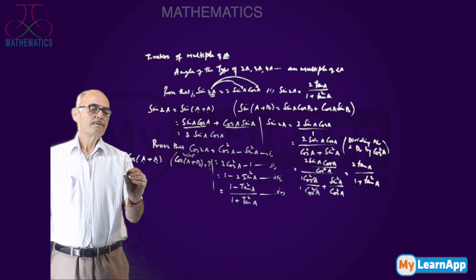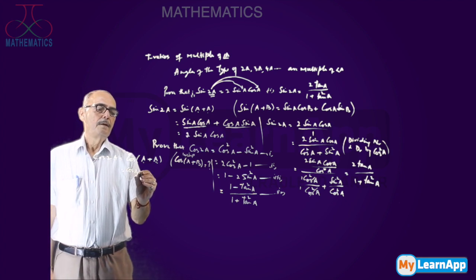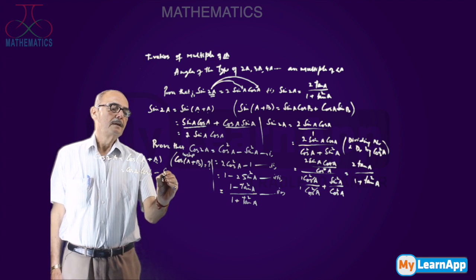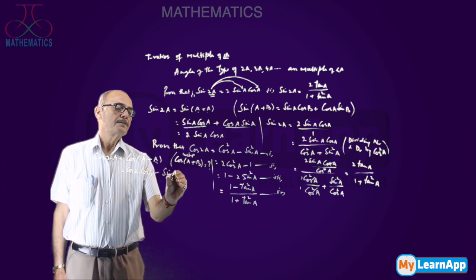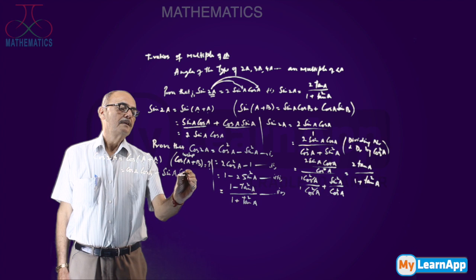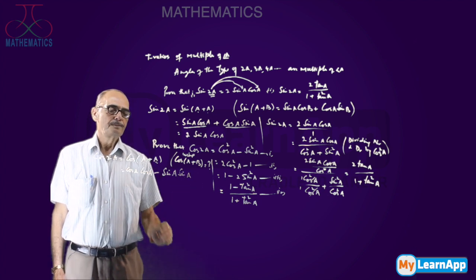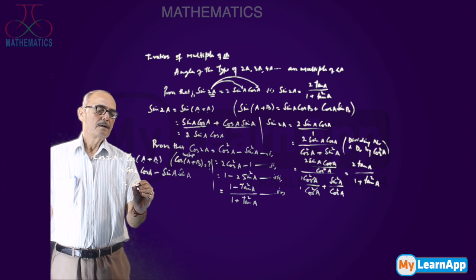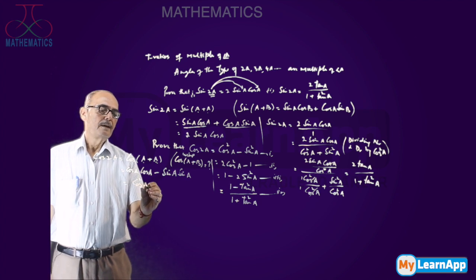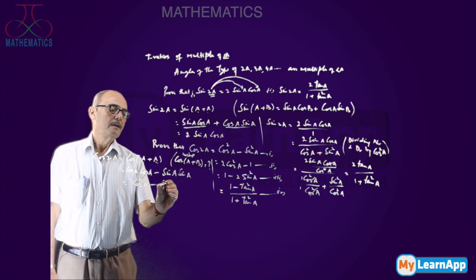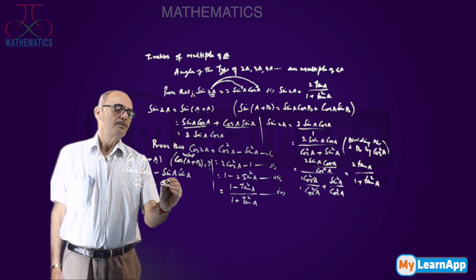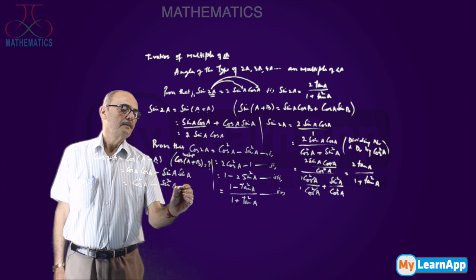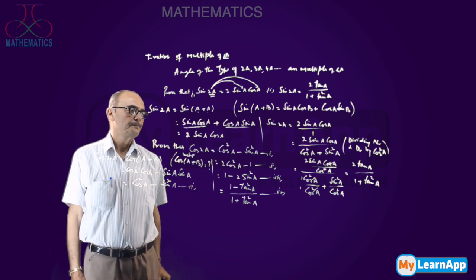This is cos of the first angle, cos of the second angle, minus sine of the first angle, sine of the second angle. This cos A and cos A will make cos square A minus sine squared A. This is your first formula.